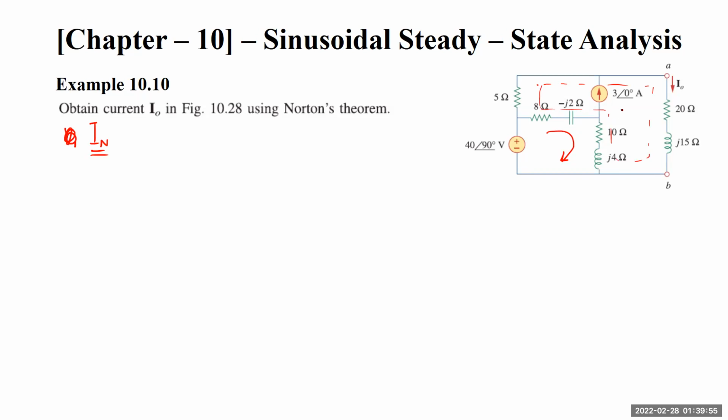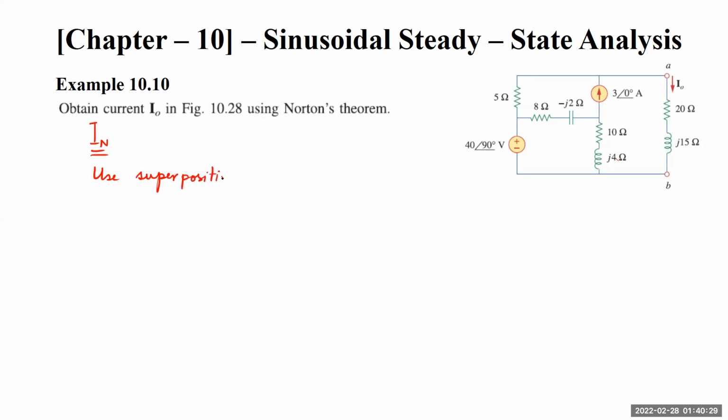One mesh is this and the other one is something like this. But sometimes the super mesh technique becomes a little difficult to handle, and students usually have issues in using it. So the best way in such a case is to use the superposition concept, which we have seen in our previous lecture.